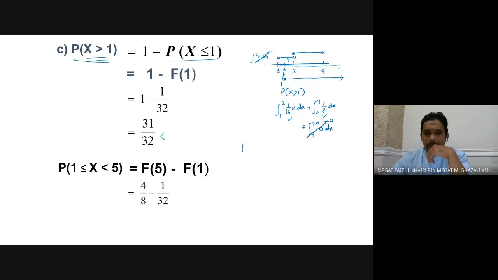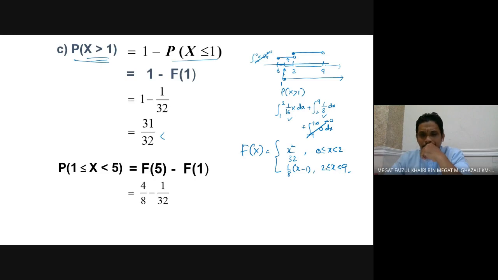So F(x) equal to x squared over 32 for x between 0 until 2, and then 1 over 8, x minus 1 for x between 2 until 9.